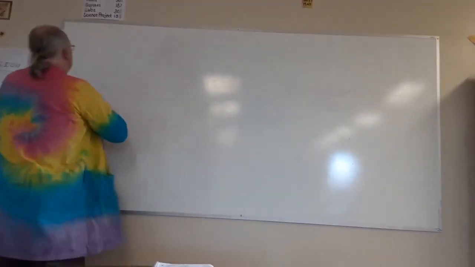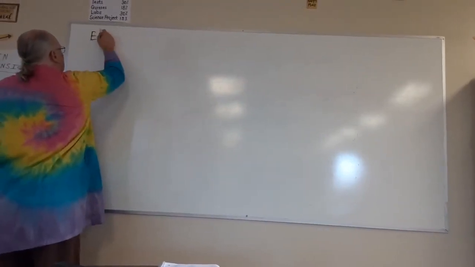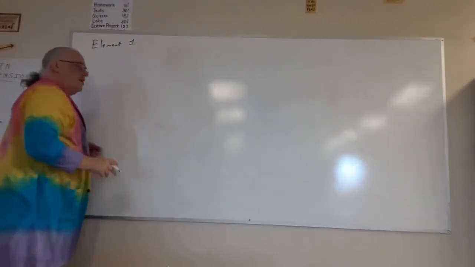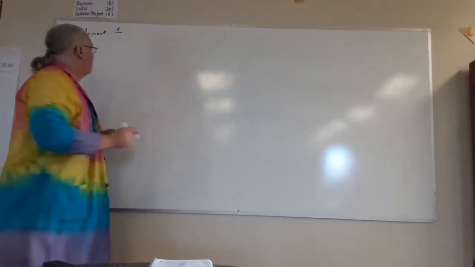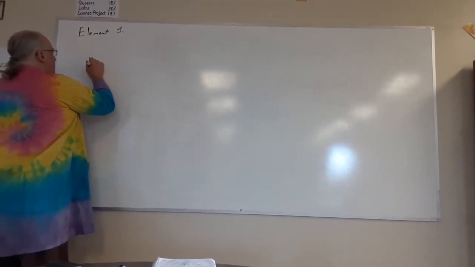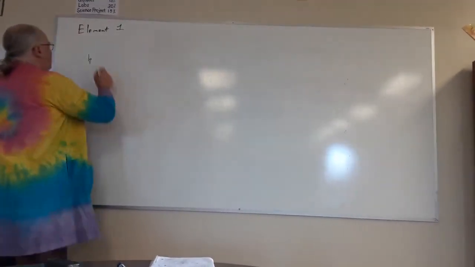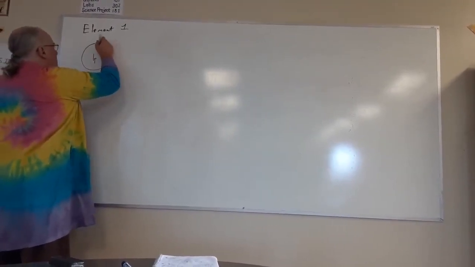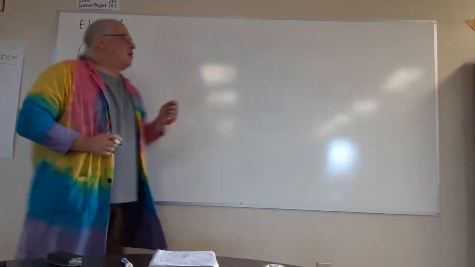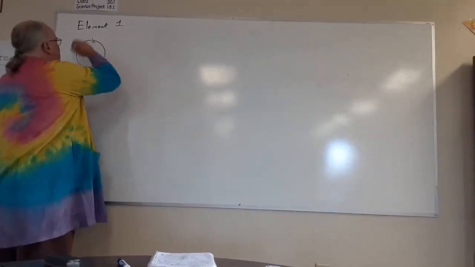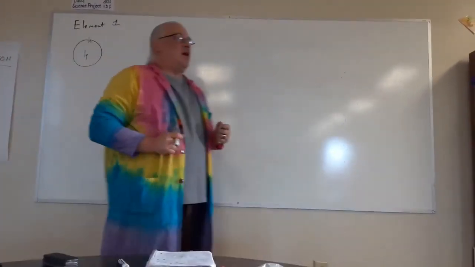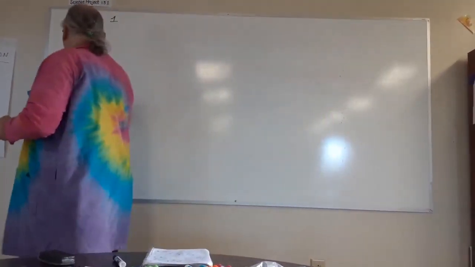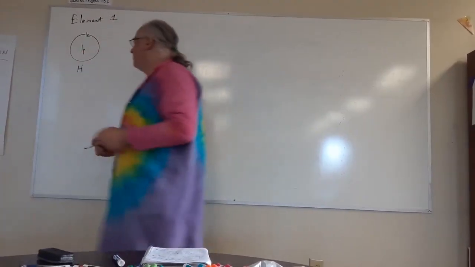All right, so let's start with element number one, hydrogen. In the very middle of a hydrogen atom, there is one proton in its nucleus. And surrounding it, there is one electron. That one electron goes round and round, with the negative electron attracted to the positive proton. And there we have hydrogen.